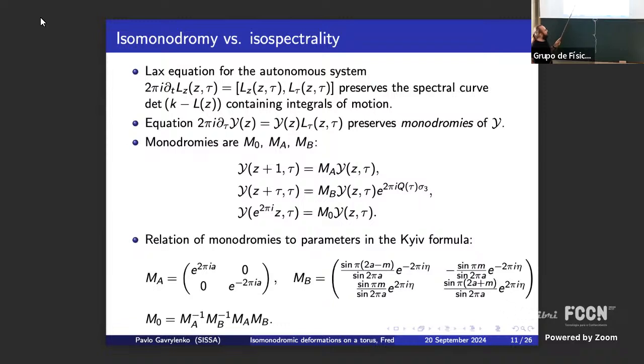A is the eigenvalue of MA, and eta is some number which is responsible for the transformation when we take the matrix MB and multiply on the left by the matrix MA to some power. So it is a kind of parameter of a geodesic flow and is related to the A side.